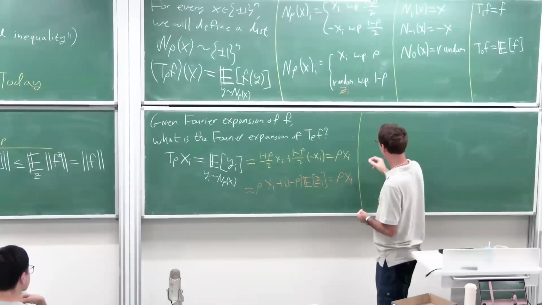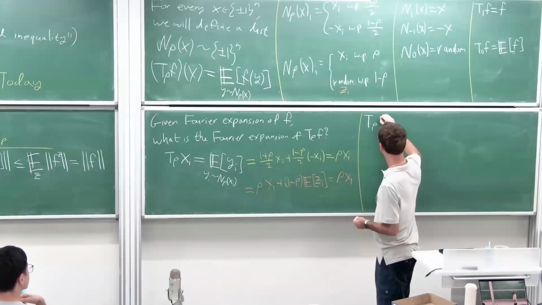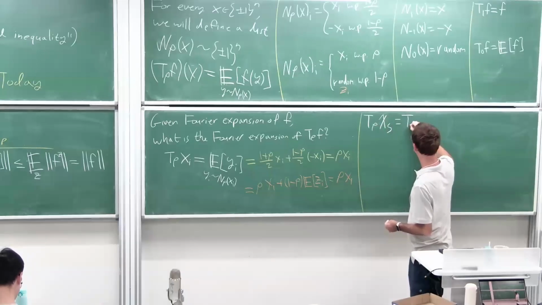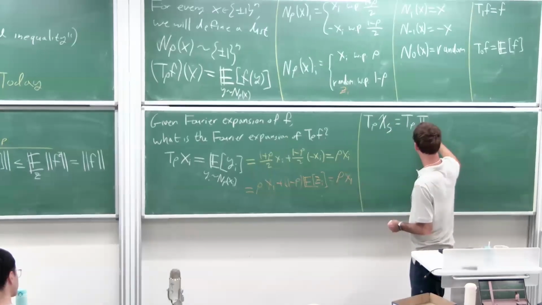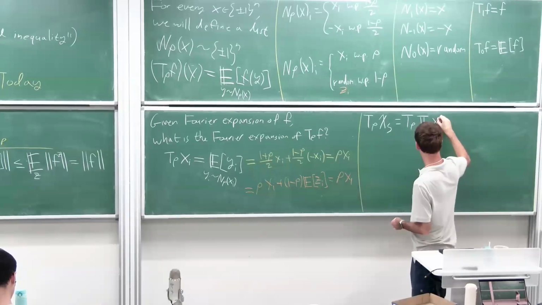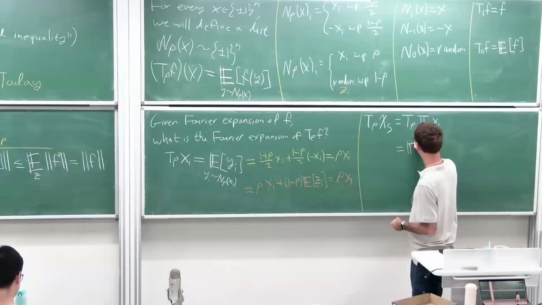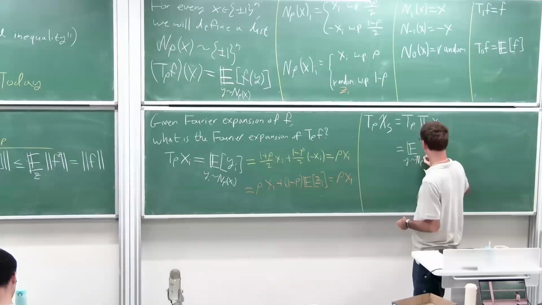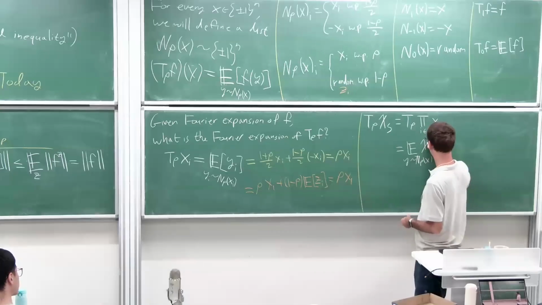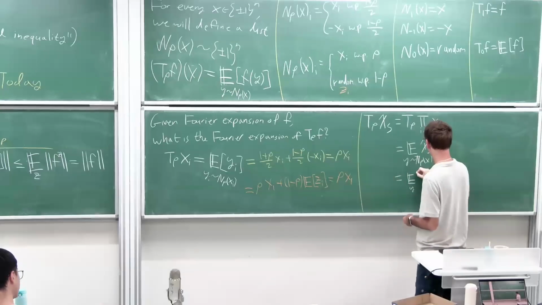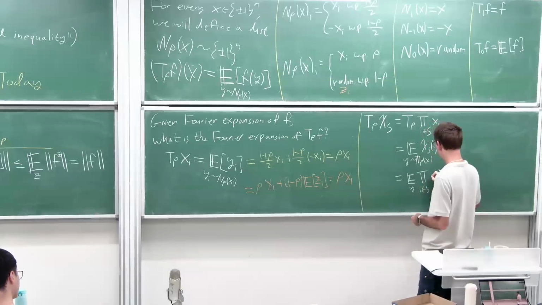Now what is T_rho of chi_S? I just remind you that this is T_rho of the product over i in S of x_i. So this is the expectation of y according to N_rho of x, of chi_S(y), which is the expectation of the product of the y_i.